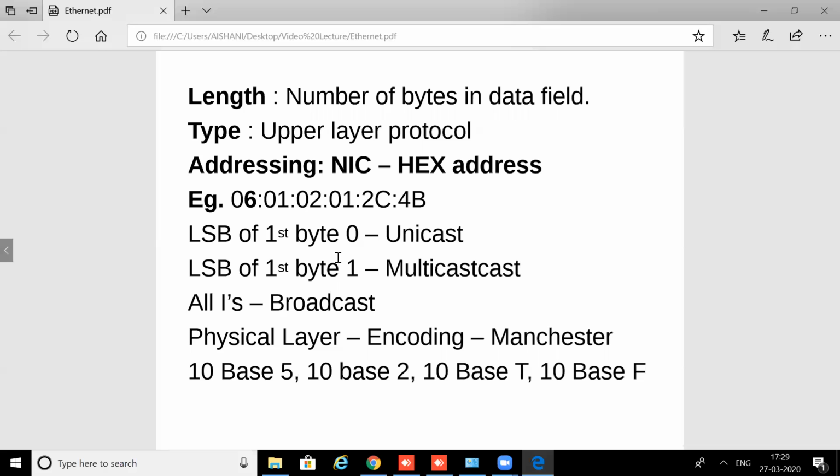If the LSB of the first byte is 1, it is a multicast address. And if it is all ones, that means FF in hexadecimal, then it is a broadcast address.